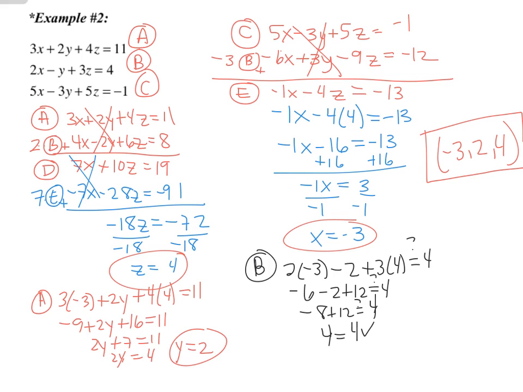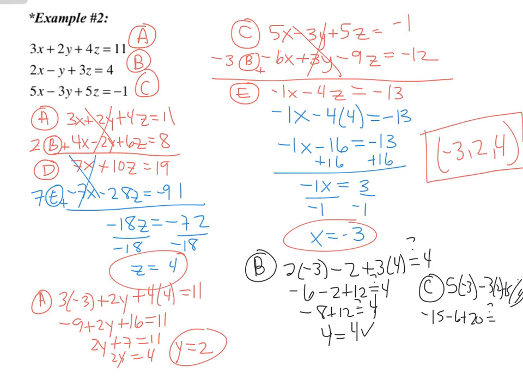And you need to do this. You need to check that it really does work in all three equations. So equation C, 5 times the x value minus 3 times the y value plus 5 times that z value. See what we get there. We get negative 15 minus 6 plus 20.